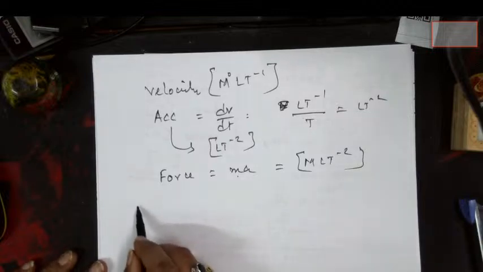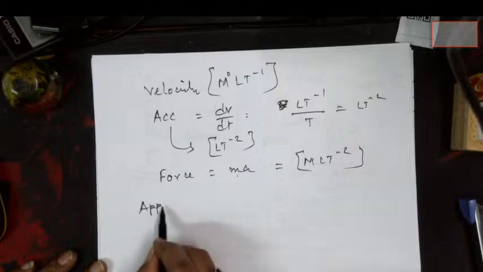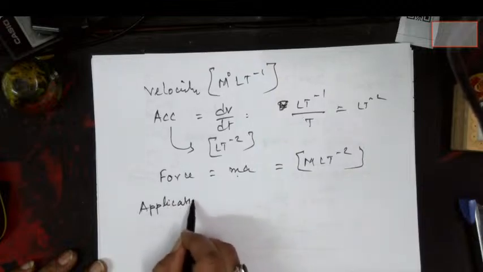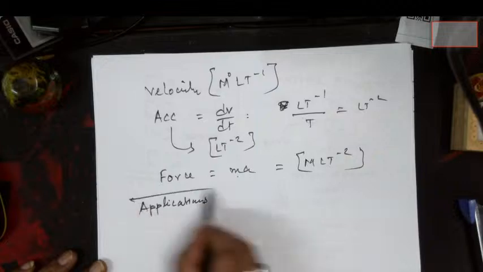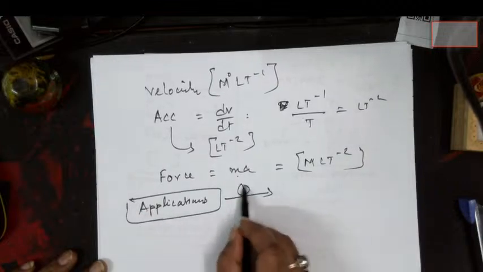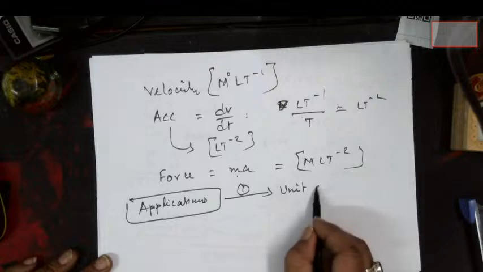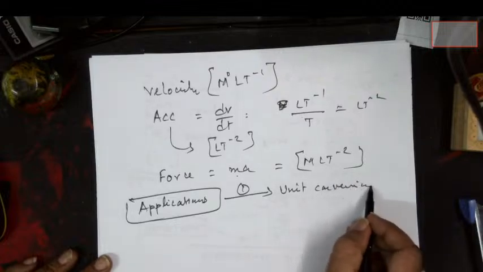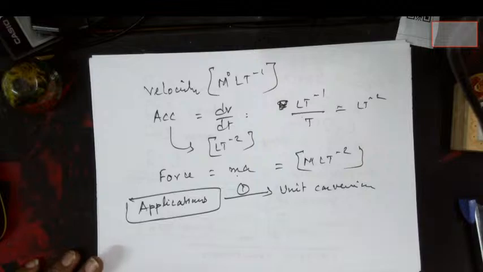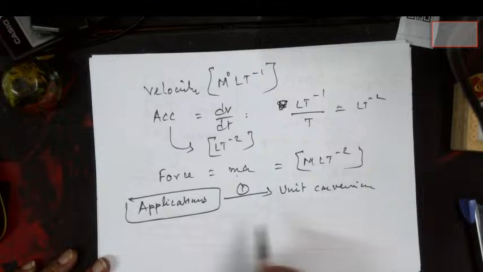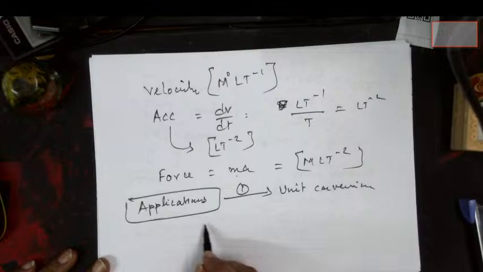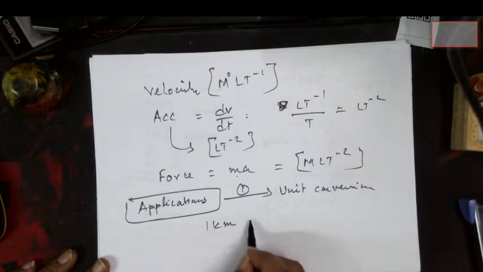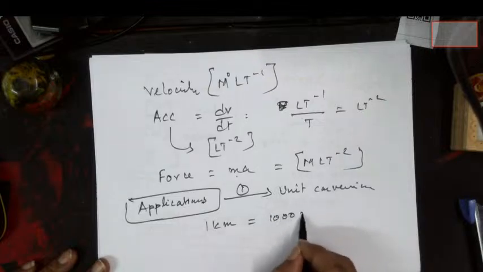And as I already told you, there are mainly 3 applications of the dimensional formula. What are those? The first one is for unit conversion. For example, you can convert a meter to kilometer, kilometer to meter, meter cube to liter, etc. You know very well that 1 kilometer is equal to 1000 meter, is it not?